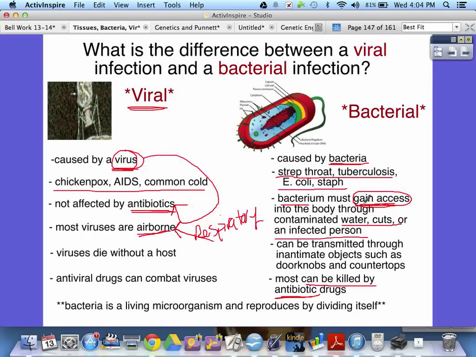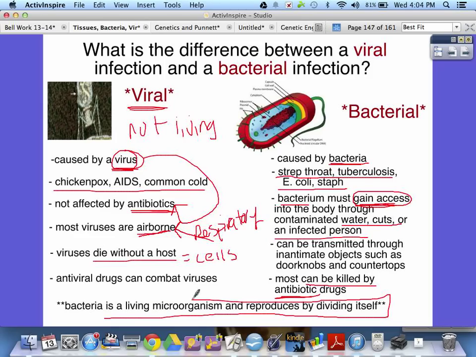Now, since viruses are not living, they will die without a host, which are the cells that they reproduce within. Bacteria are living, so they can reproduce by dividing themselves. They do not require something else to be able to reproduce.